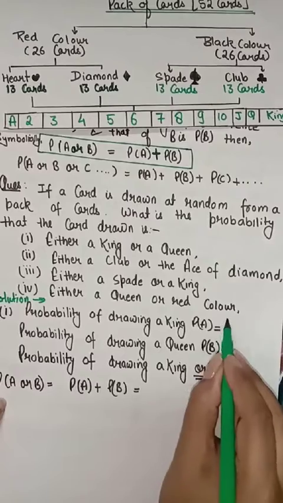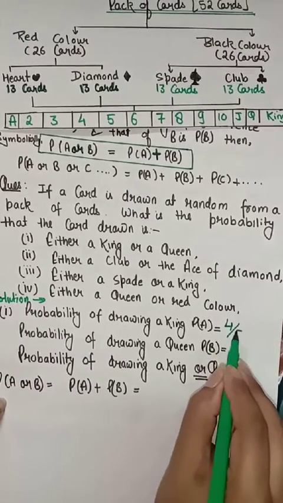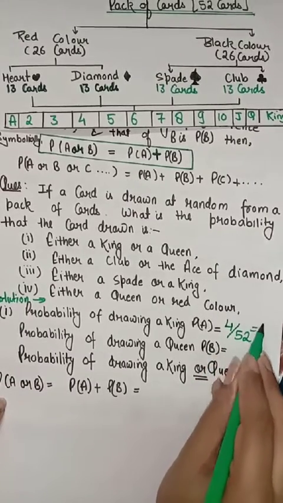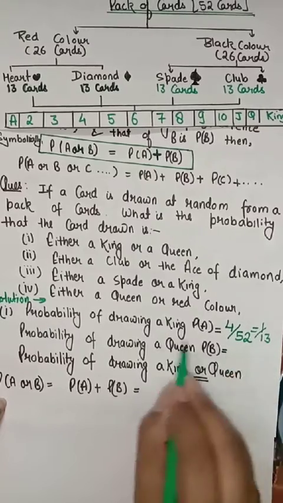So we have 4 favorable events and the total number of events is 52. That means 1 by 13 is the probability of drawing a king.